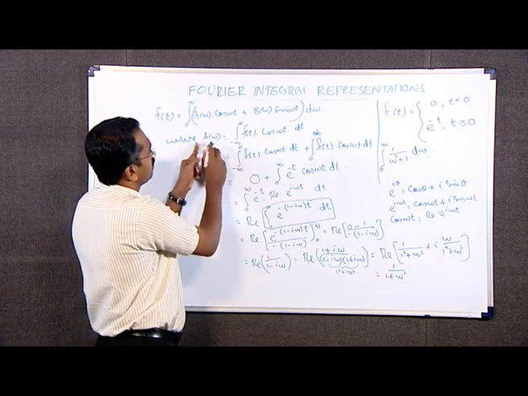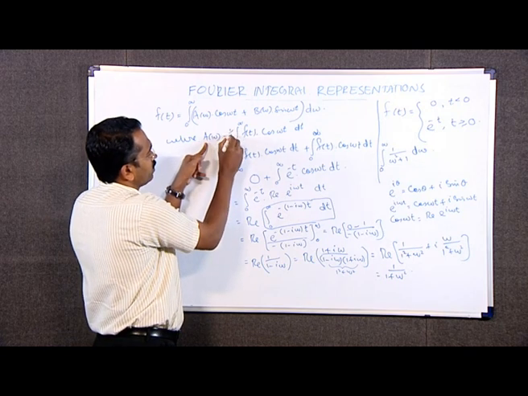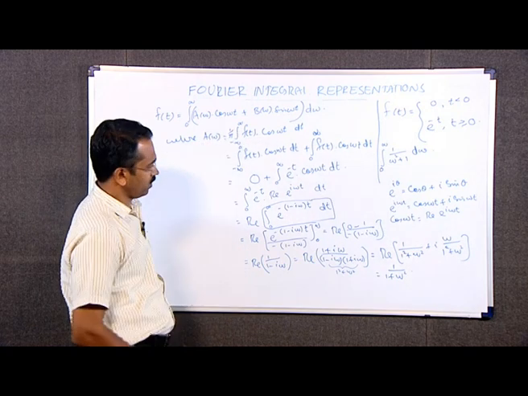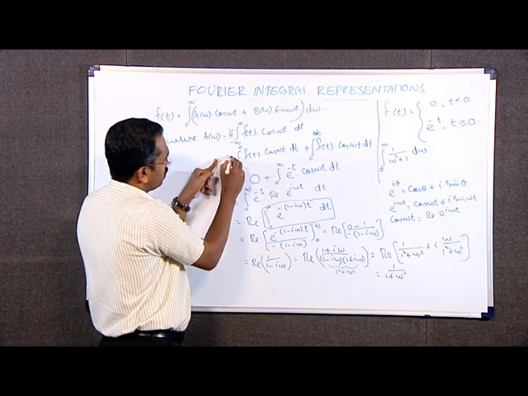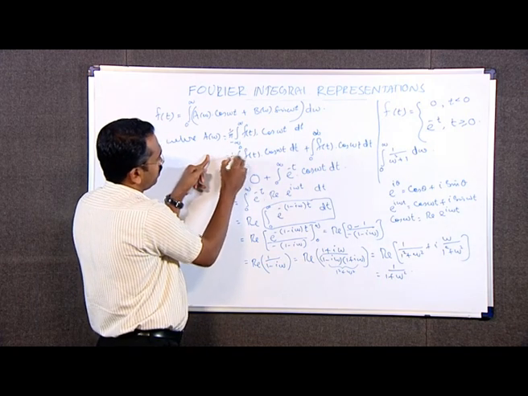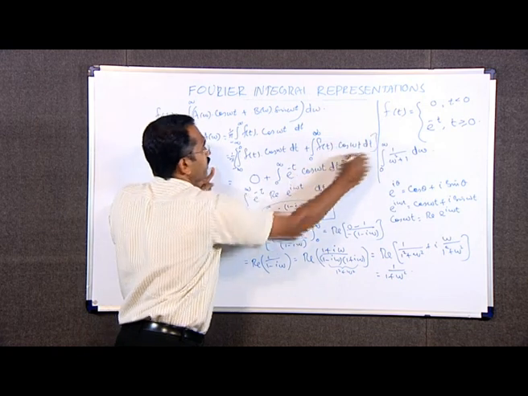Here in the expression for A omega, there is 1 by pi. In all these steps, we have to include 1 by pi.